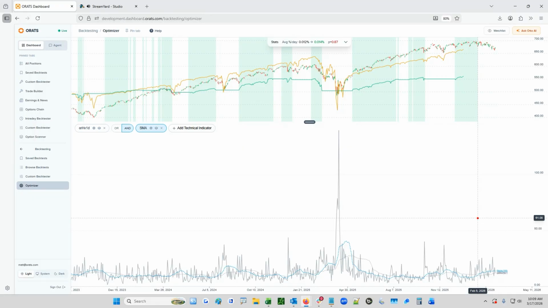So for example, we got out here. Here's the green, and so we got in here. Basically, when volatility started picking up, that manifested itself here, and this is when we got out. Does that make sense so far?